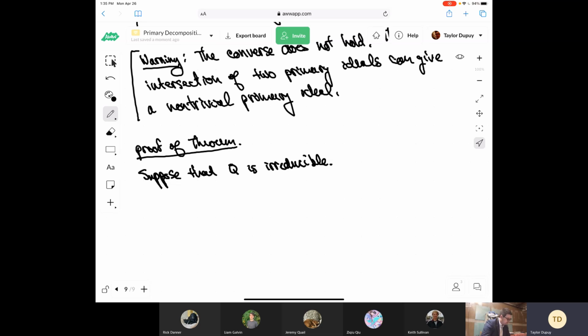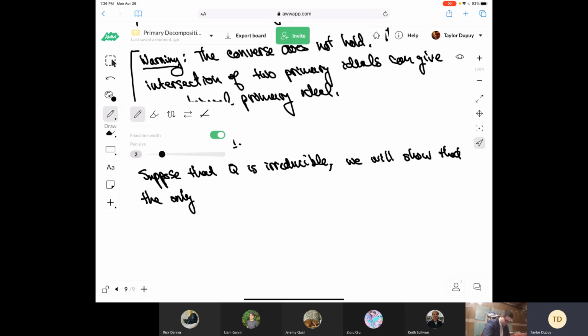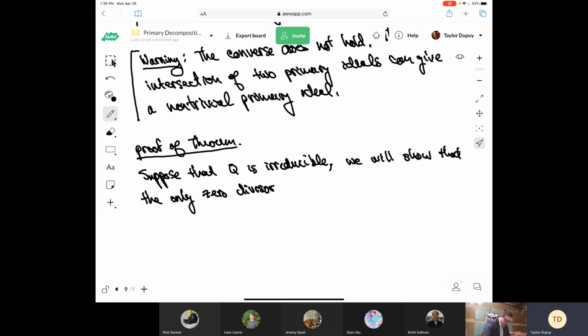We will show that the only zero divisors of A mod Q are nilpotents.